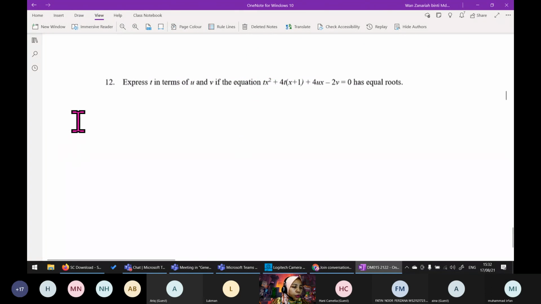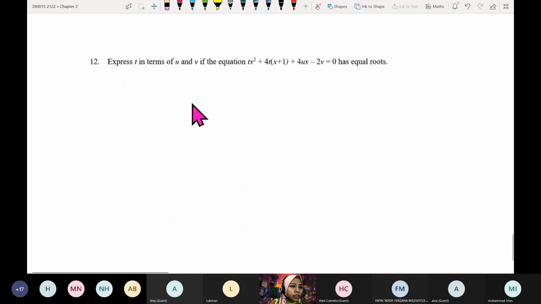Okay, let's look at question 12. Has equal roots. So first of all, we highlight equal roots.